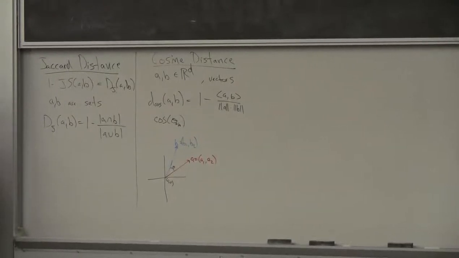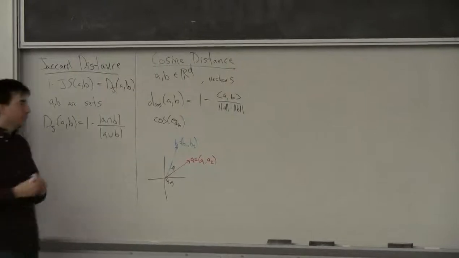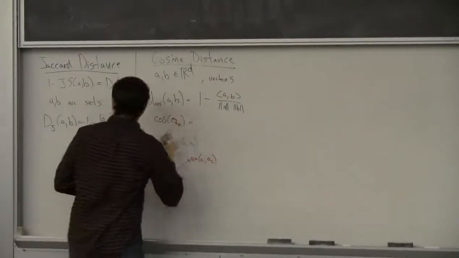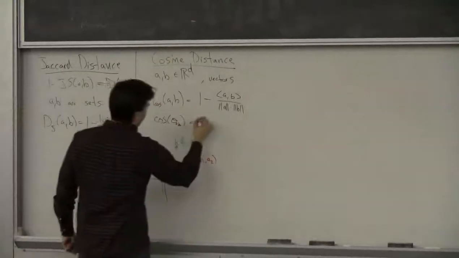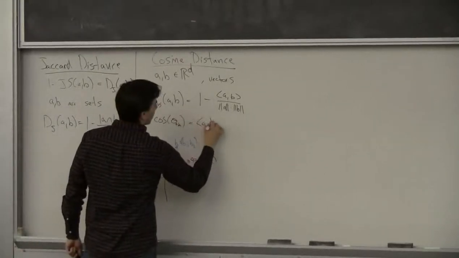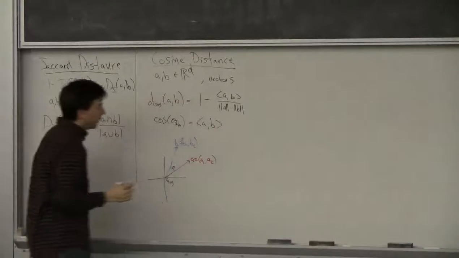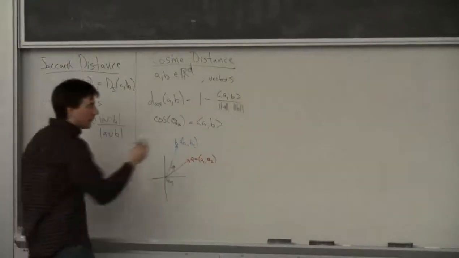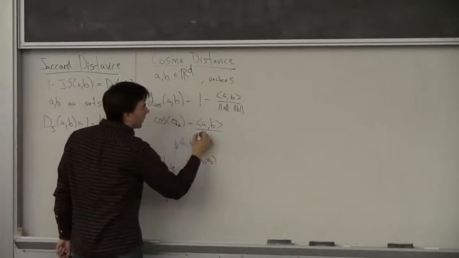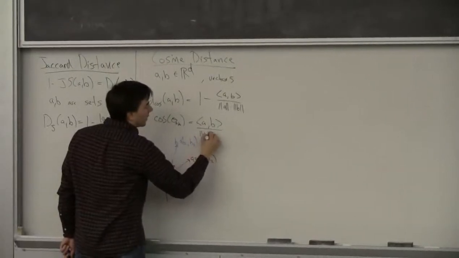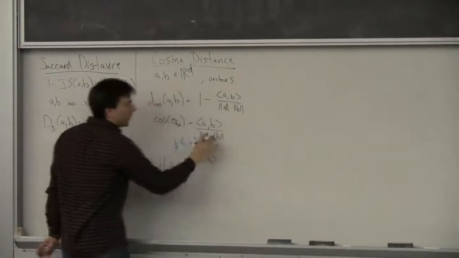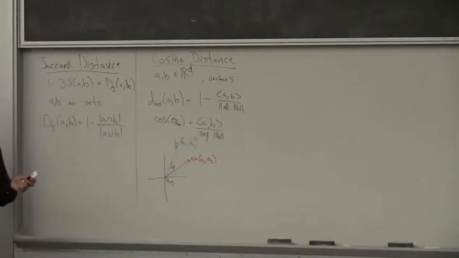Yes, A dot B, divided by the lengths of A and B. The length of A and the length of B. And by length, I mean the two norm, right?